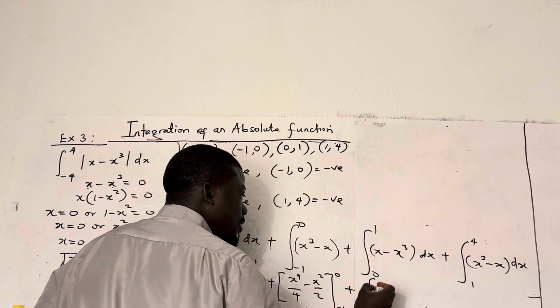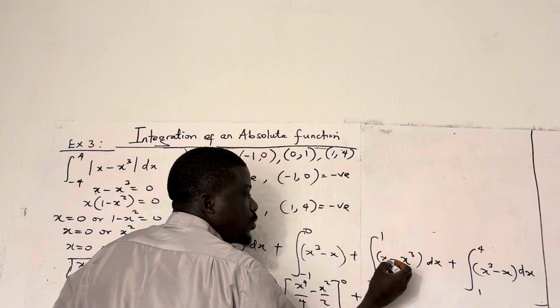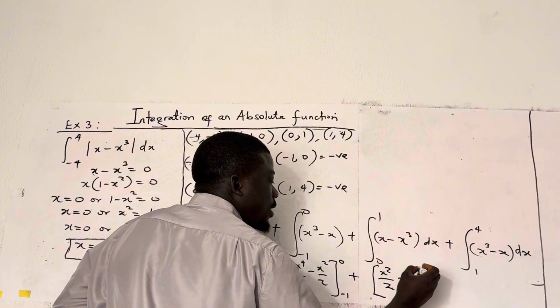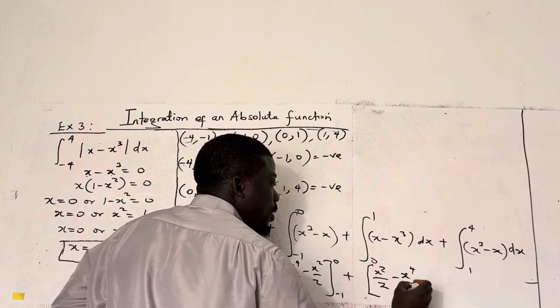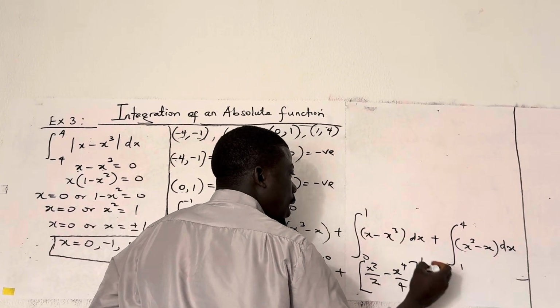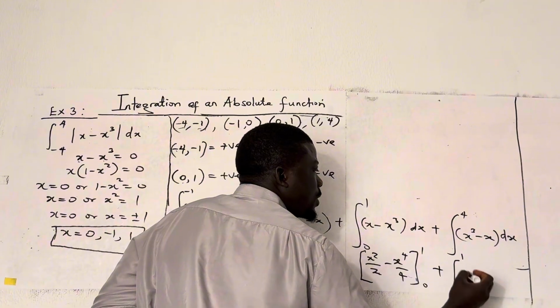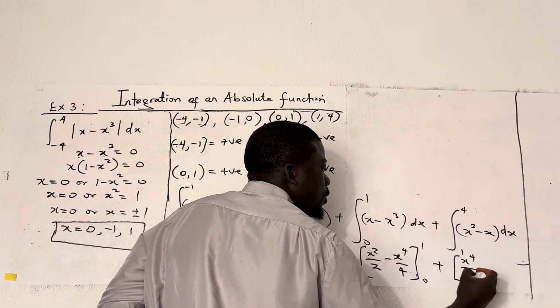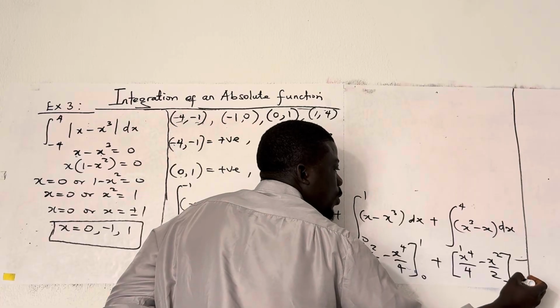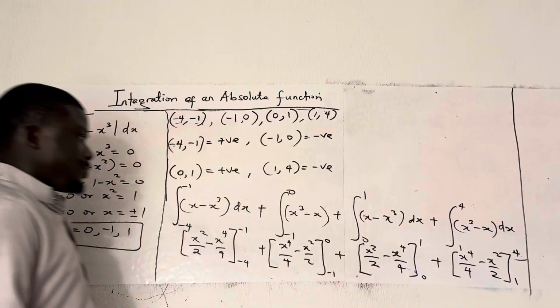Plus, if you integrate this, we have x squared divided by 2 minus x raised to power 4 divided by 4 from 0 to 1, plus the same thing as the second, x raised to power 4 divided by 4 minus x raised to power 2 divided by 2 from 1 to 4.